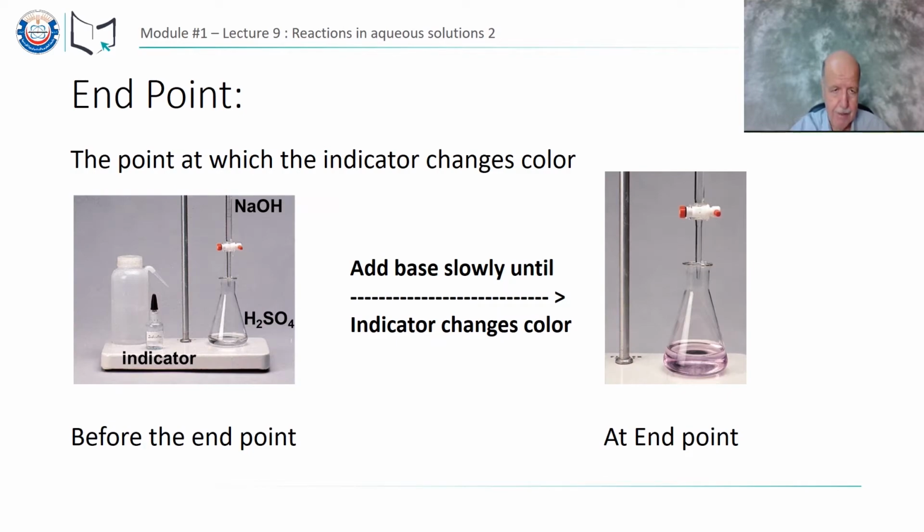Okay. You see here, I am doing the titration between H2SO4 and NaOH. It's an acid-base reaction. The equation: H2SO4 plus 2NaOH gives Na2SO4 plus 2H2O. I put indicator, phenolphthalein.